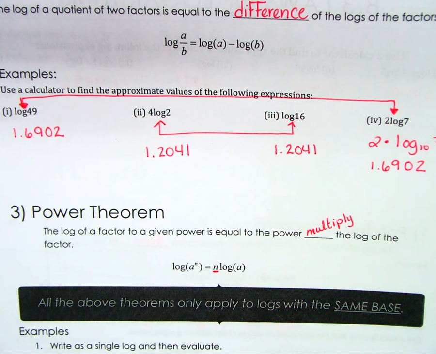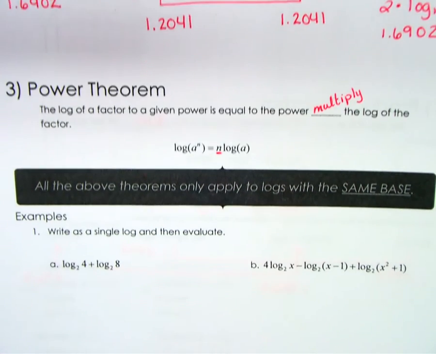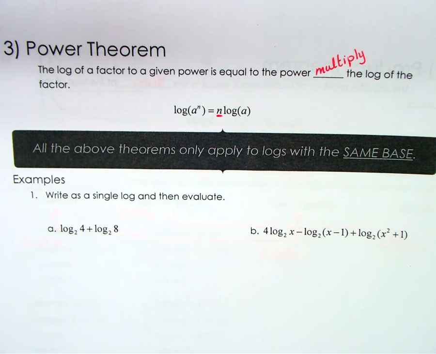Okay, so big text box there. Same sort of rules as the exponents. All the theorems only apply if the logs have the same base. You can't apply a log law if you're looking at a base 2 log and a base 3 log.